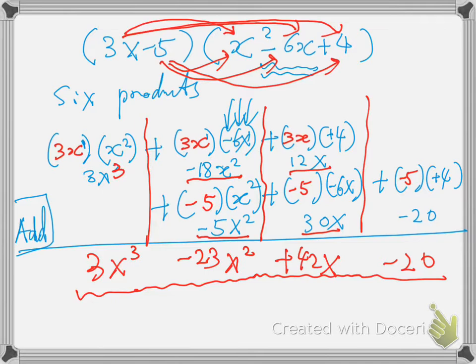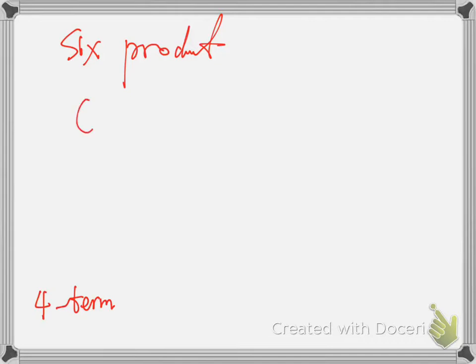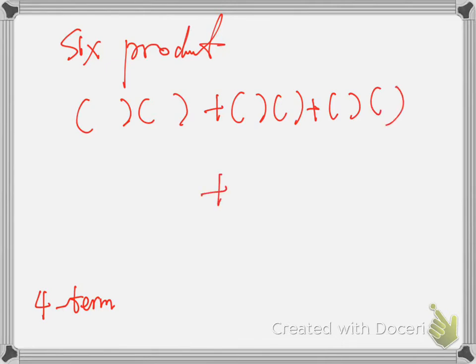Okay, so I'm going to write down the structure again. You need 6 products. Finally, we got 4 term answers. 6 products, 3 on top, and then move a little bit to get another 3 products.